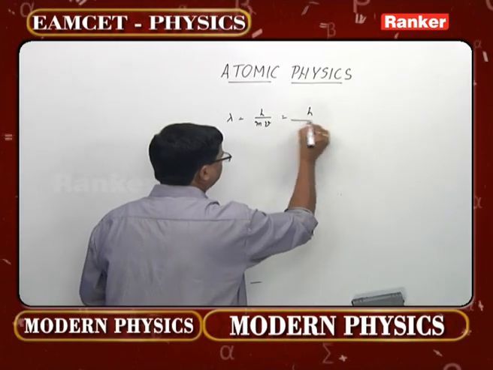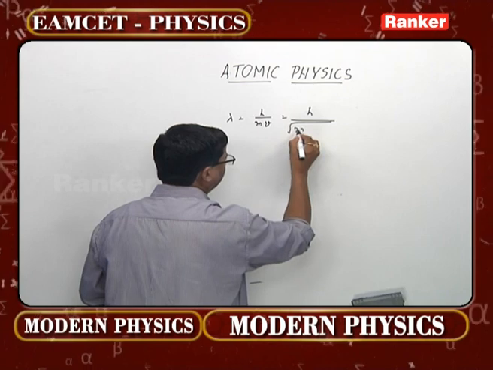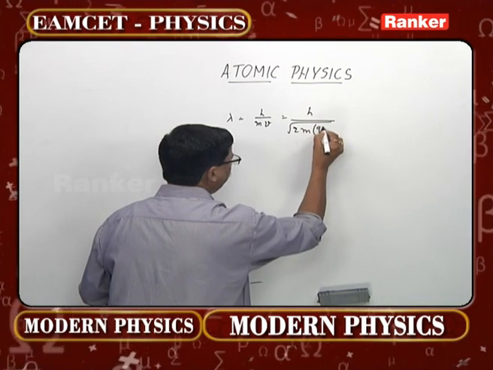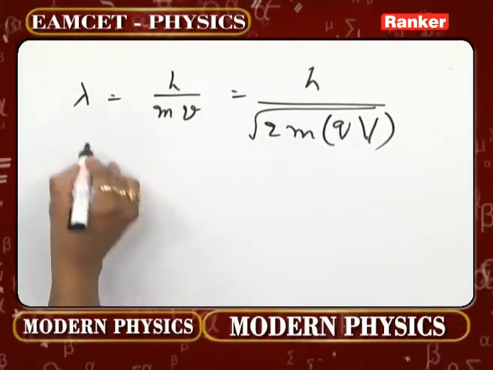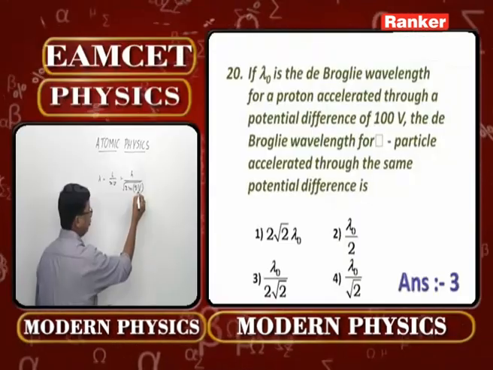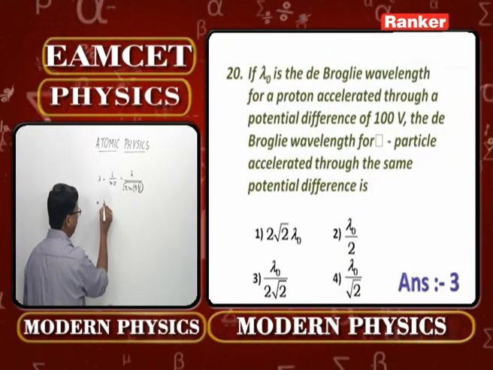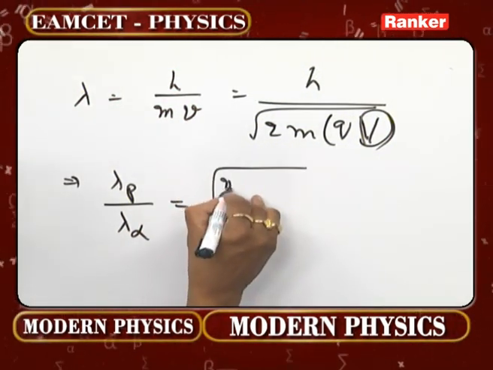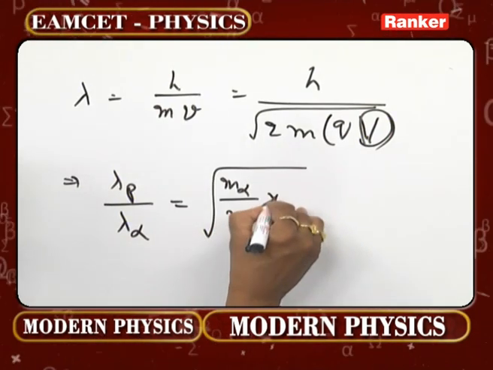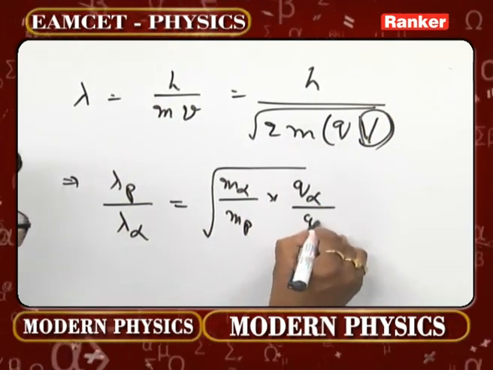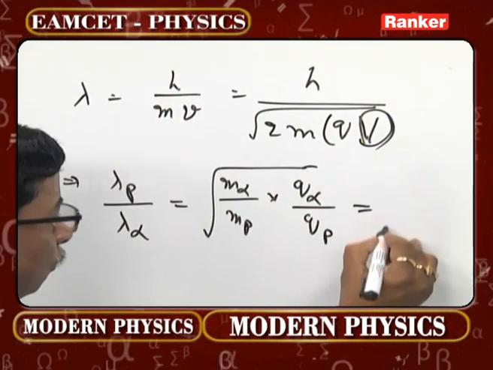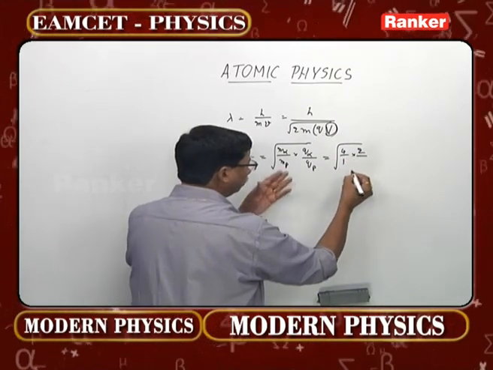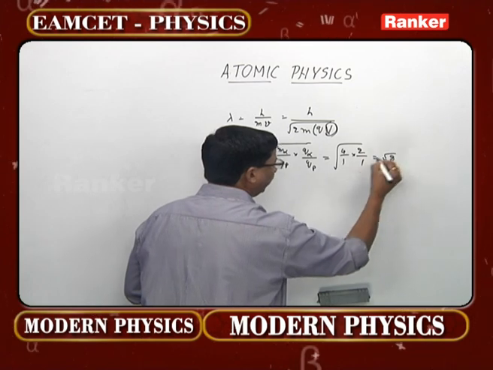This can be written as h by root of 2mqV. Now when the potential difference is the same, lambda proton by lambda alpha particle is equal to root of mass of alpha particle by mass of proton into charge on alpha particle by charge on proton. Mass of alpha is 4 units, proton 1 unit, charge of alpha 2 units, proton 1 unit. Root 8 you are getting.